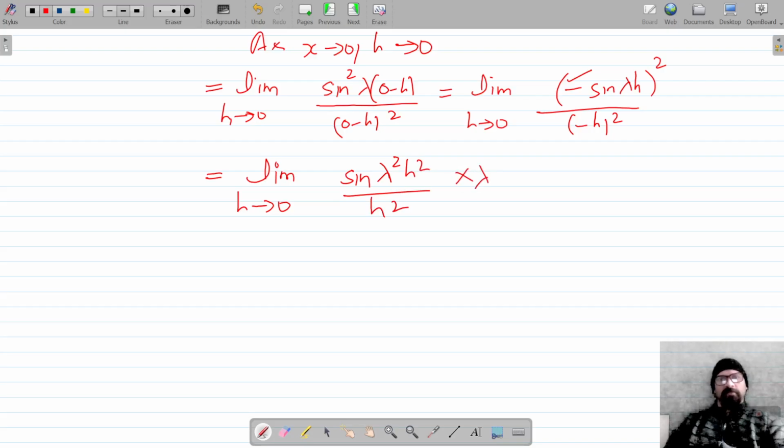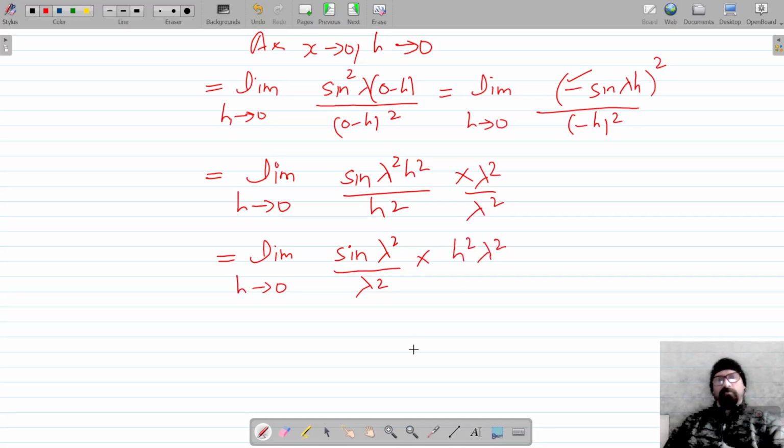Now let me multiply this with lambda square, and I can write it as limit h tends to 0 of sine of lambda square h square upon, and let me write here lambda square, so lambda square by lambda square, and let me write this h square into lambda square here upon h square.